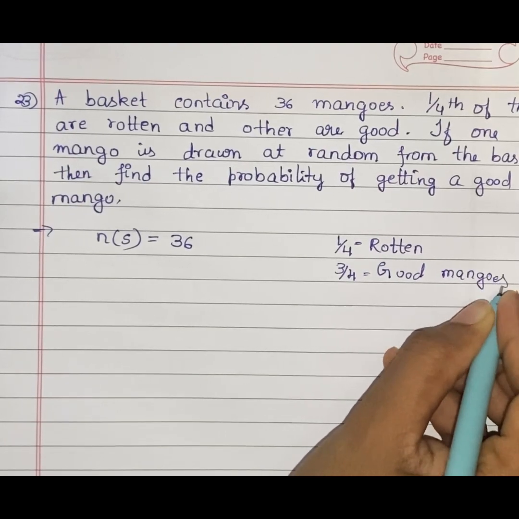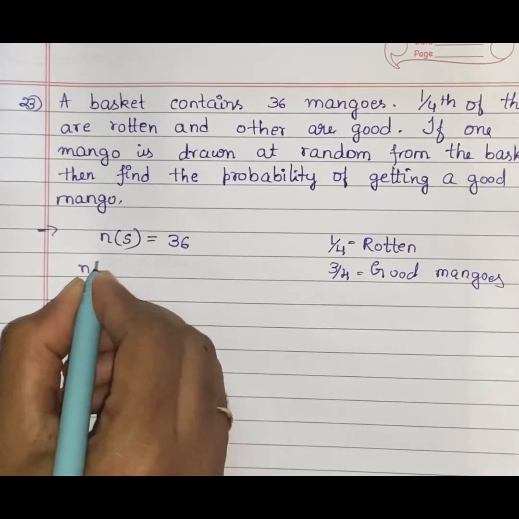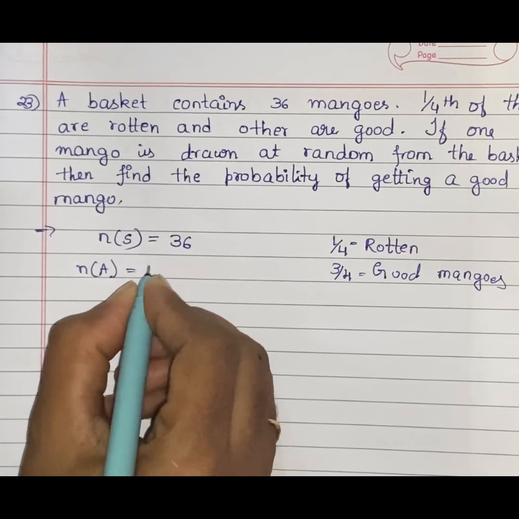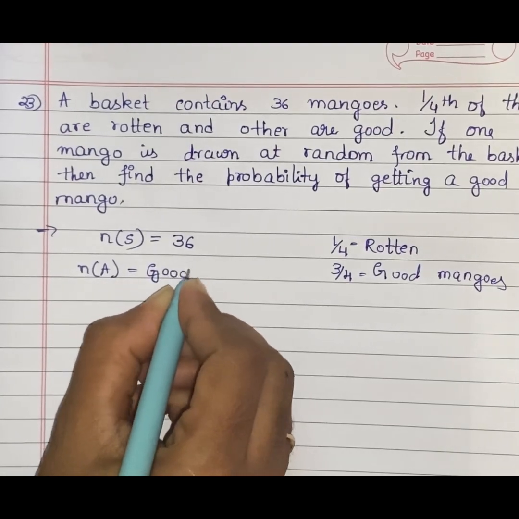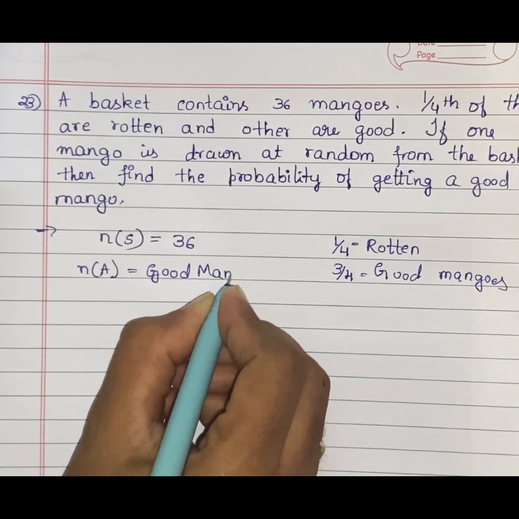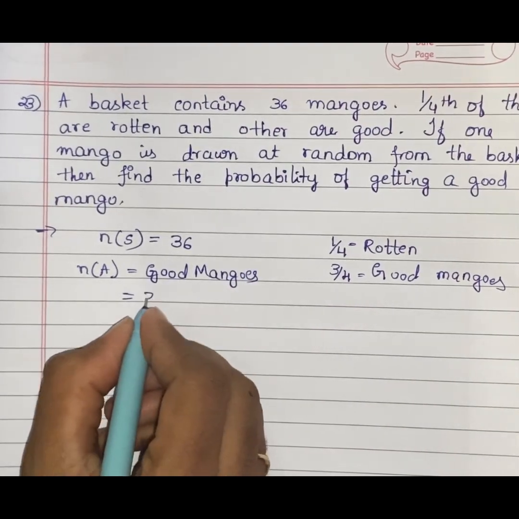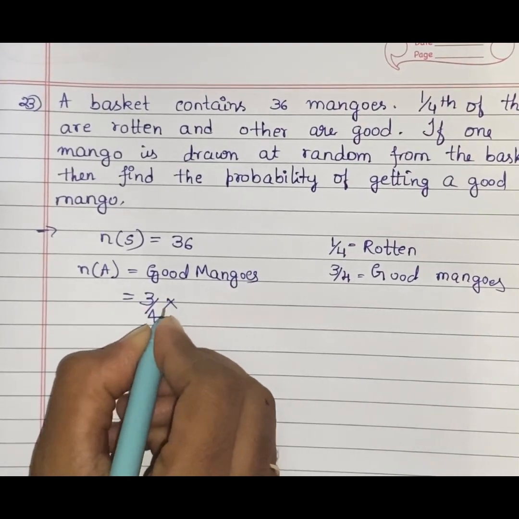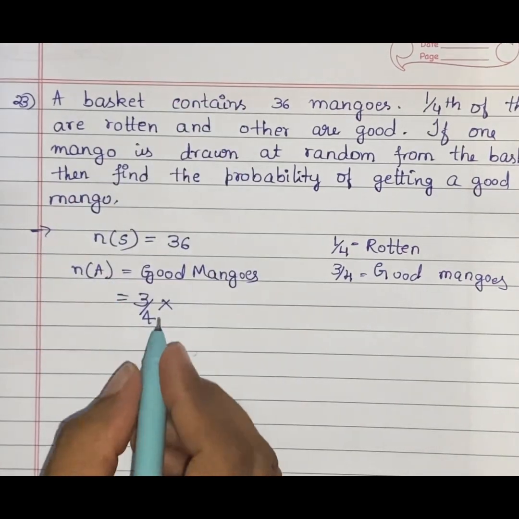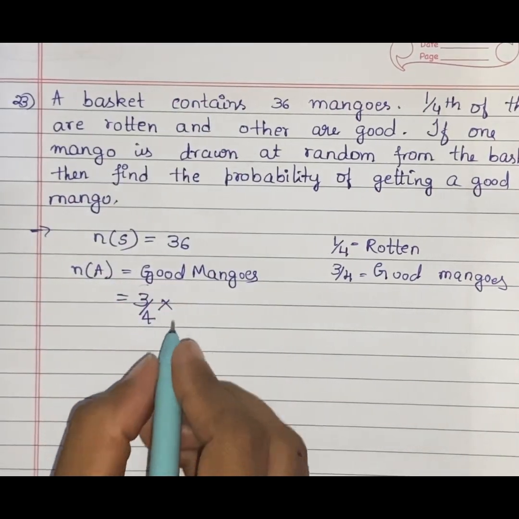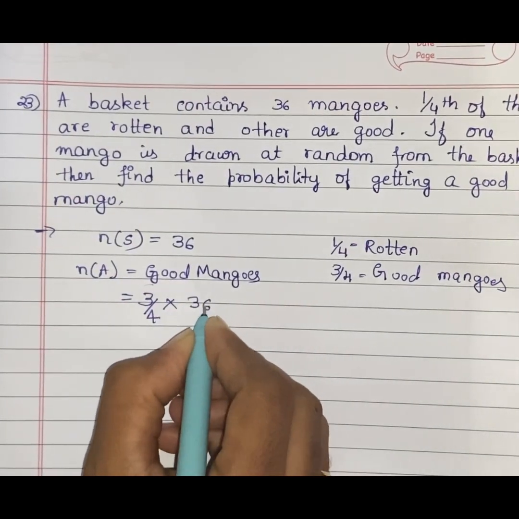So now how do we write it? N of a is nothing but good mangoes. So out of 3 by 4, in 3 by 4 good mangoes of total 36 mangoes.